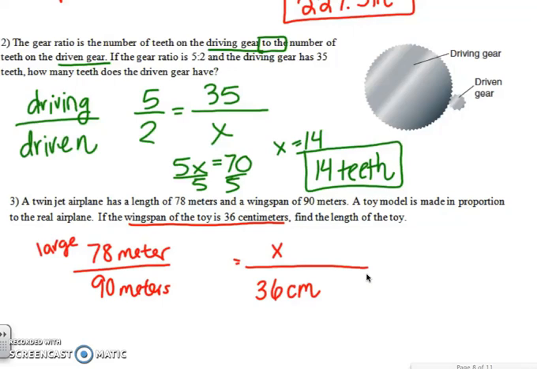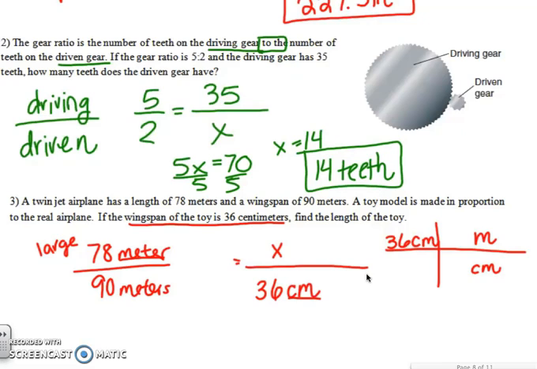Now the only thing is I'm not in the same units. I've got meters and I have centimeters. Since I am looking for the toy, let's change everything to meters. Let me do 36. How many centimeters are in a meter?